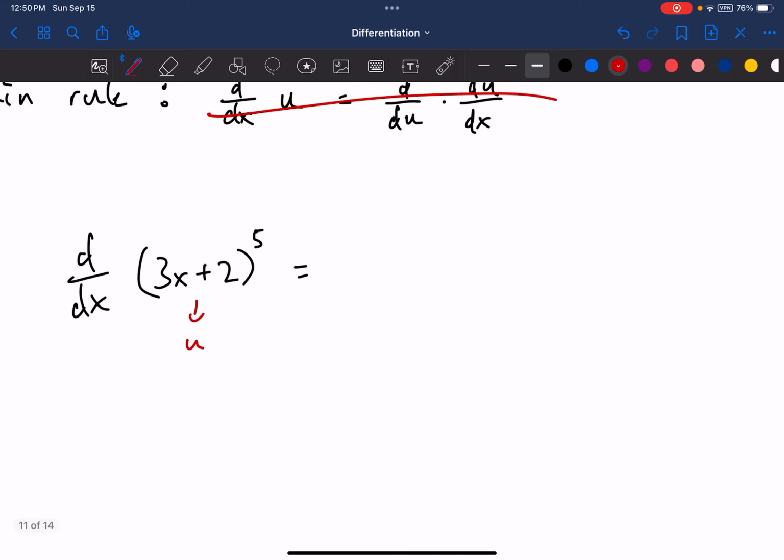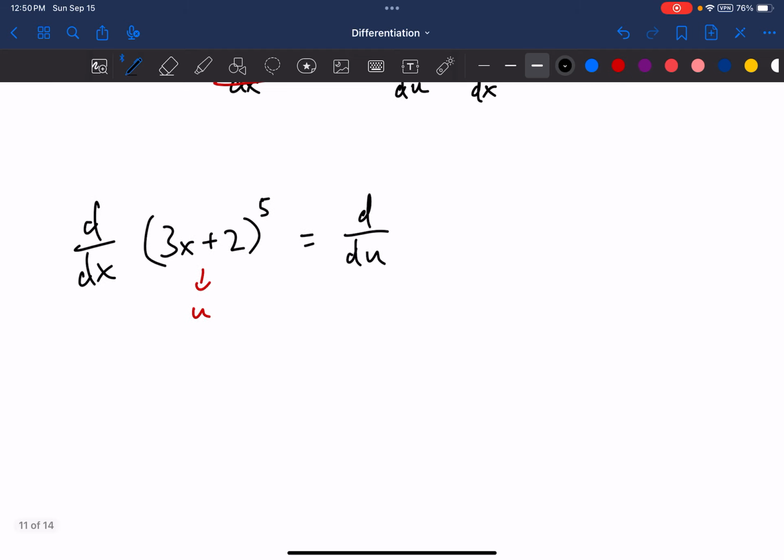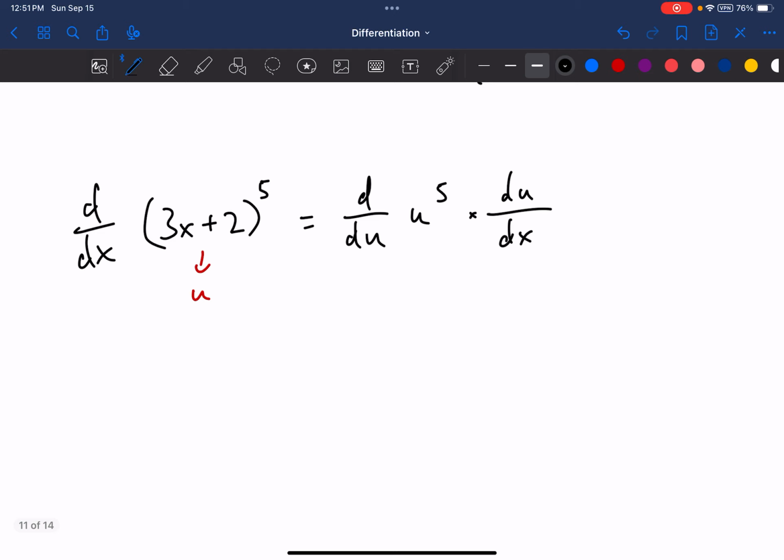And when I substitute something like this as u, then I could say du, and then I can put this in, which is u to the 5th power, and this I will times du dx. Okay, so that is basically how I want to do it, right?